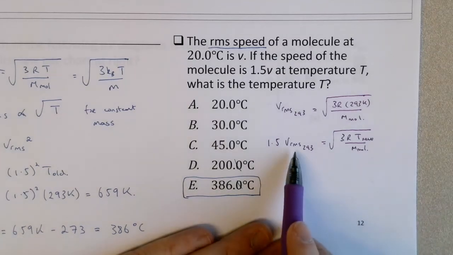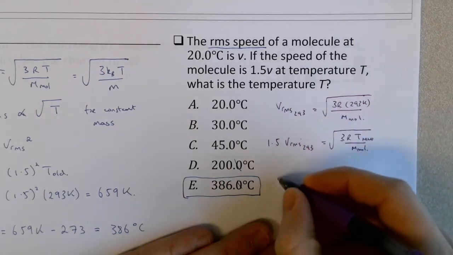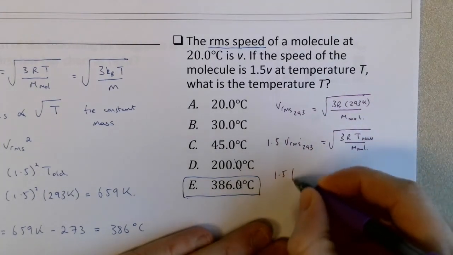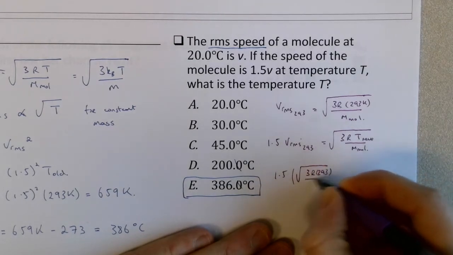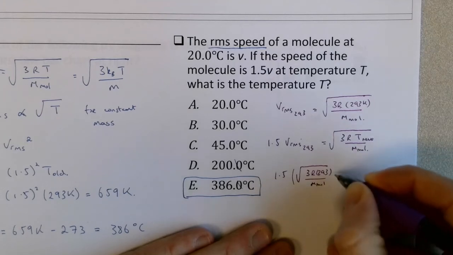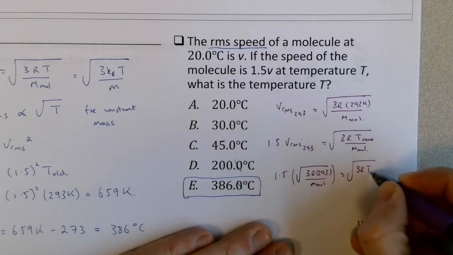Now we can equate these two things. So let's say that 1.5 times the square root of 3R times 293 divided by the molar mass equals the square root of 3R T new divided by the molar mass.